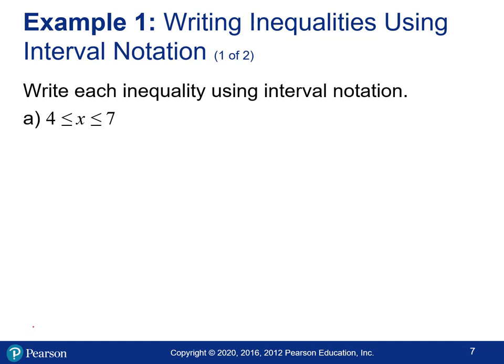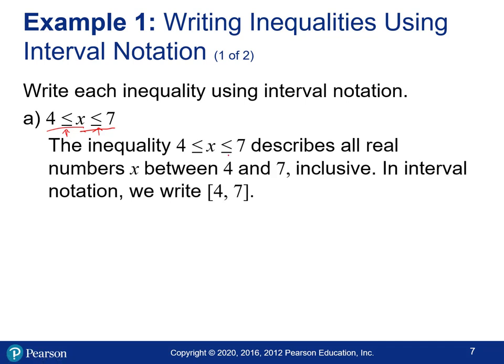Okay, so let's try this out. We're going to write each inequality using interval notation. Notice that we have equal bars on both of these inequalities, and we're going to use brackets for that. So this says x is greater than or equal to 4, and it's less than or equal to 7. And so in our interval notation, we just have a bracket with a 4 as our starting point, and then 7 with a bracket.